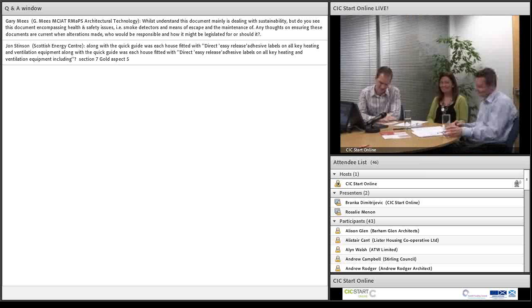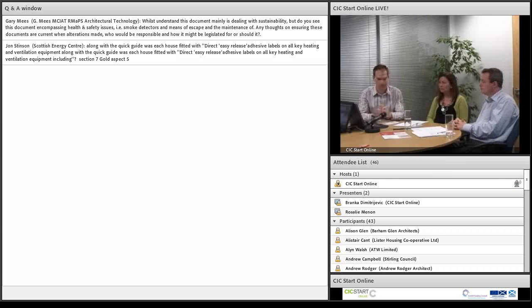That was certainly the outcome of the initial research, as I say, that we did for Scottish Government. The outcome improved people's understanding of where things were. In these guides we did concentrate on plans and 3D information, and there was also the issue of timing and getting these guides out on the day the house is being completed.